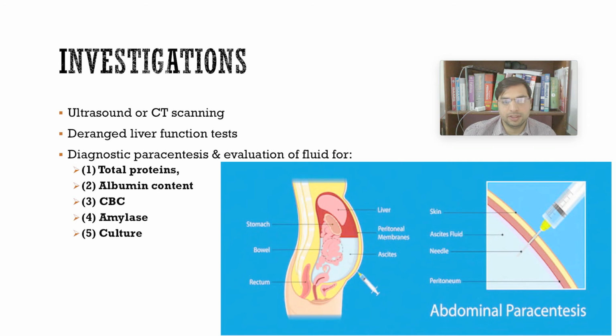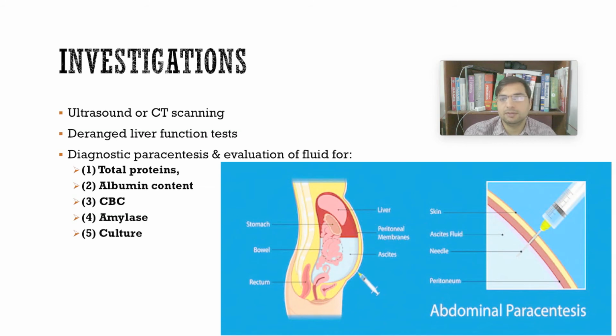If it is because of the infection, then we will get to know because of the culture. We will try to culture it to find any bacteria in it. So always remember, whenever you do a diagnostic paracentesis, you have to send the ascitic fluid for the evaluation of protein, albumin, CBC, amylase and culture, the very basics.